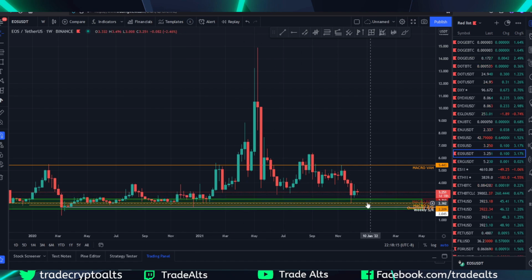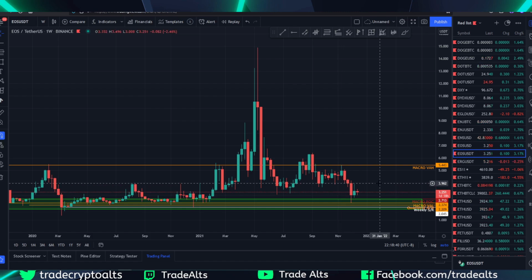But if I'm longing the macro value area low, I'm looking to where the point of control is. It's a bad example here because it's so close to your macro value area low, right? So let's say your macro point of control was $4. If I'm long in this region, my first take profit, if there wasn't any major resistance beforehand, would be at that macro point of control, probably a slight front run of that.